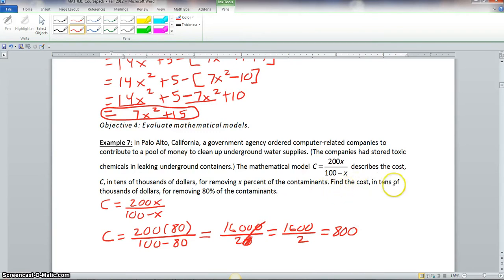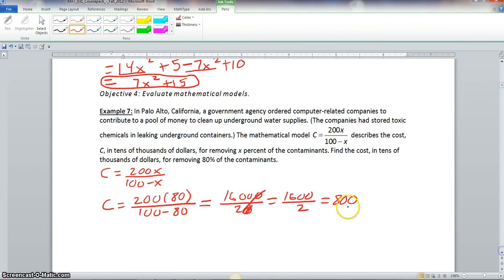Now they want us to find the cost in tens of thousands of dollars. So now if we want to write out what this 800 means, this 800 is actually $8 million.